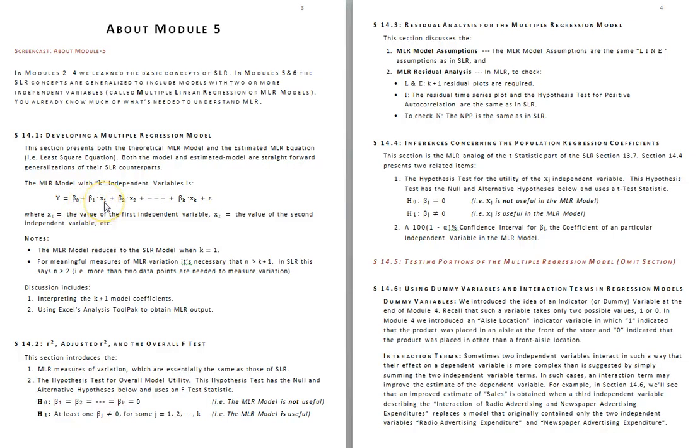The coefficient of the x1 variable is beta 1. The coefficient of the x2 variable is beta 2, etc. Sometimes beta 1 is referred to as the slope or partial slope for x1, and beta 2 is referred to as the slope or partial slope for x2, and so forth.